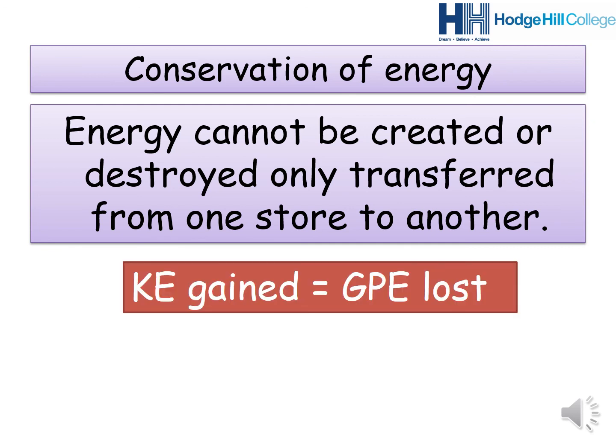So essentially, we are moving energy from our gravitational potential energy store to our kinetic energy store, or vice versa. So if we gain kinetic energy, that amount that we have gained in that store must be the same as the amount that's been lost from the gravitational potential energy store. Now, if we move on to look at the next slide.